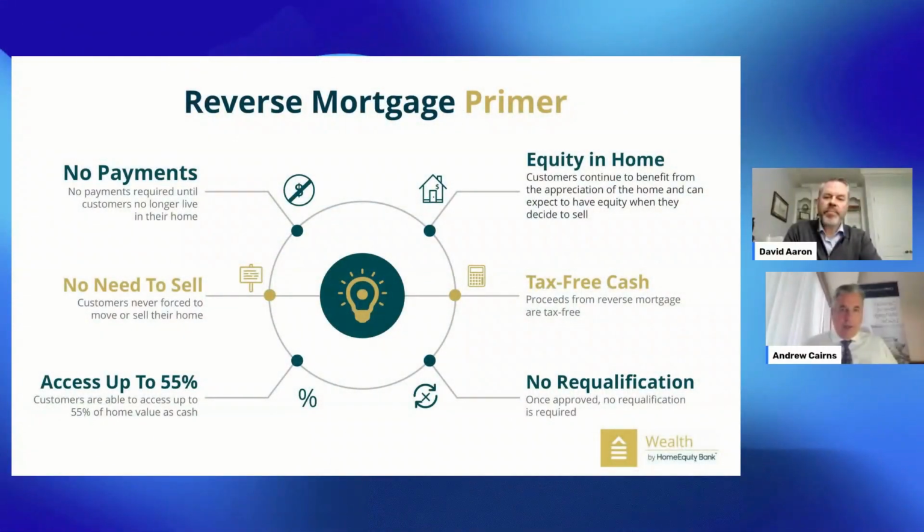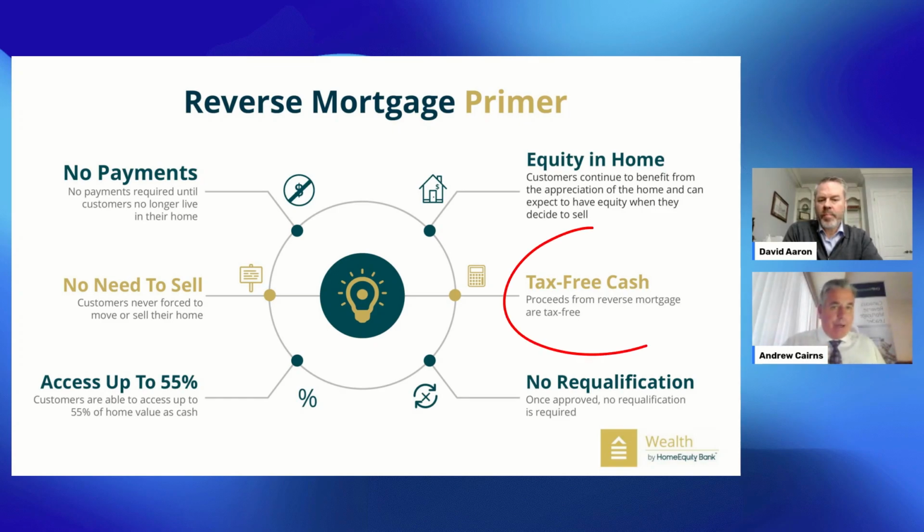If you can put the slide back up, I'm going to point out another aspect that's very, very important, this tax-free event. So the proceeds of a CHIP reverse mortgage loan advance are not a taxable event. And they allow for a person, depending on their age, to get access up to 55% of the value of the home.